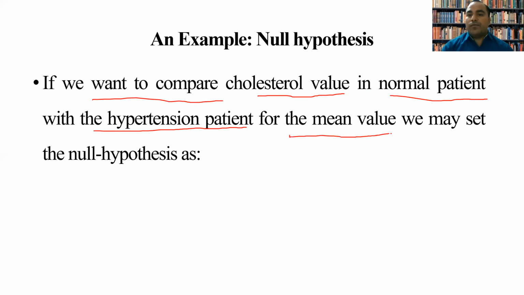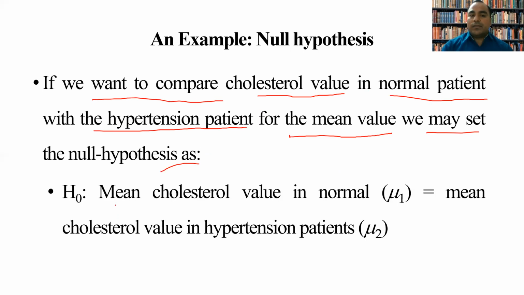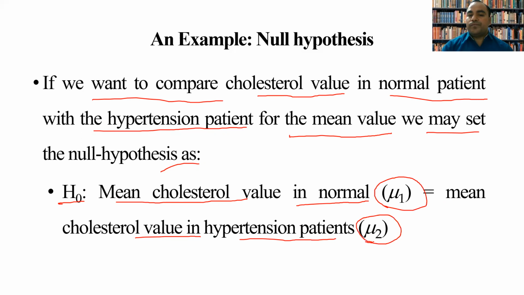For the mean value, we may set the null hypothesis as H0: mean cholesterol value in normal patients, which is denoted by mu1, is equal to mean cholesterol value in hypertensive patients, which is denoted by mu2.